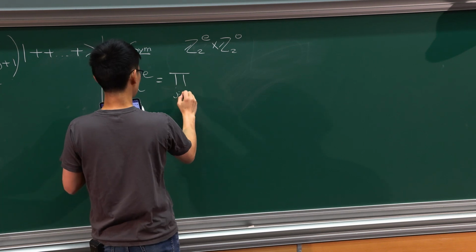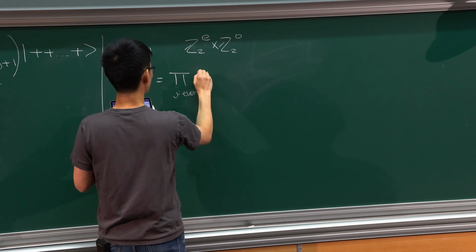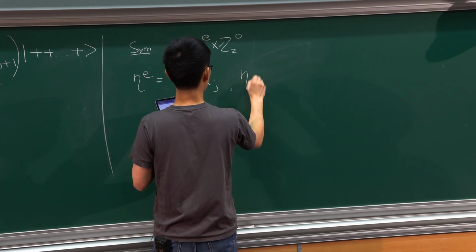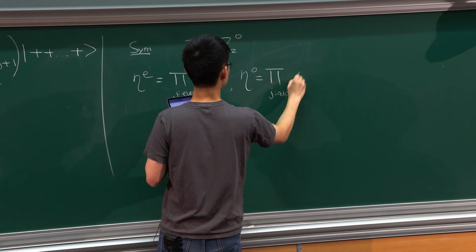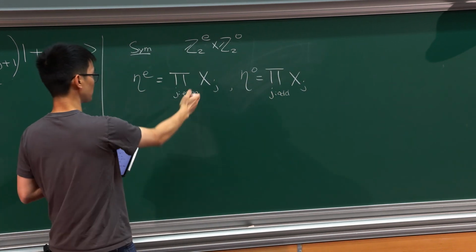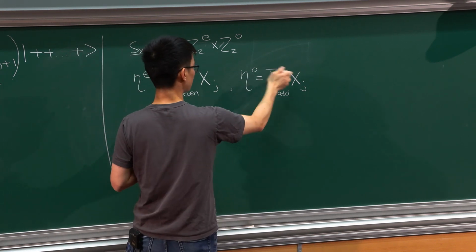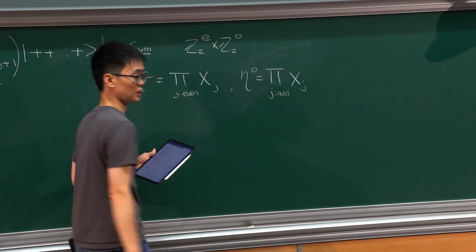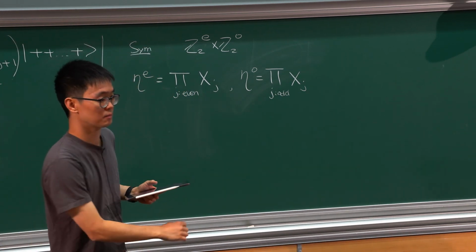So the symmetry, the Z2 cross Z2, is generated by these two operators. I'm taking the product of Xj over the even sites. And here for eta odd, I'm taking the product of Xj over the odd sites. That's why I wanted to restrict to L being even.